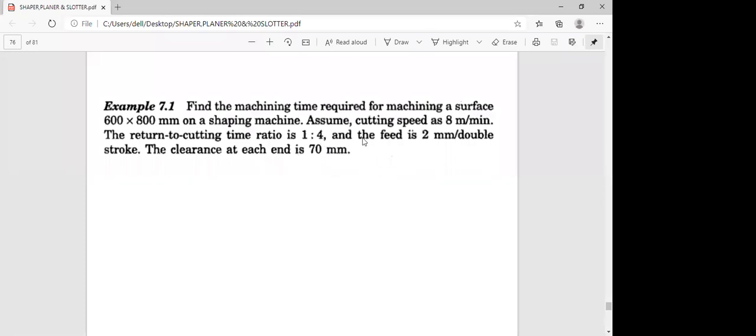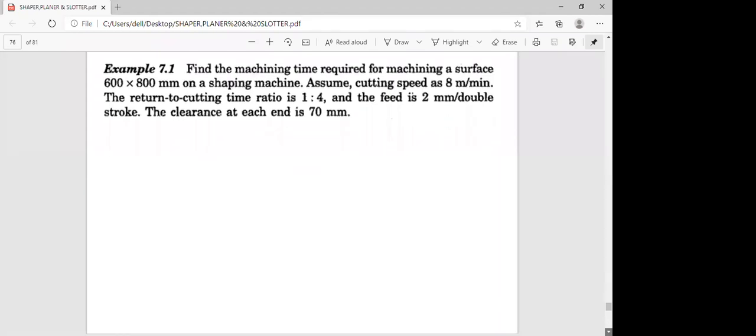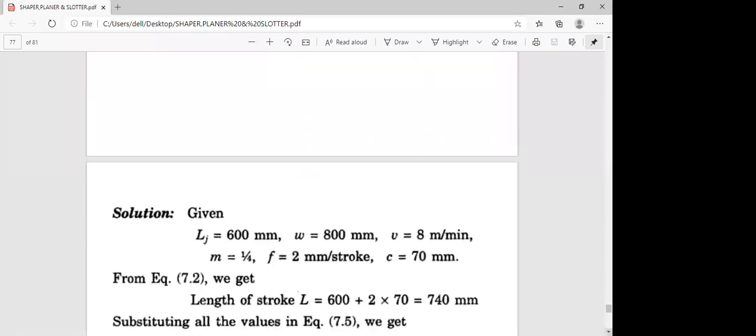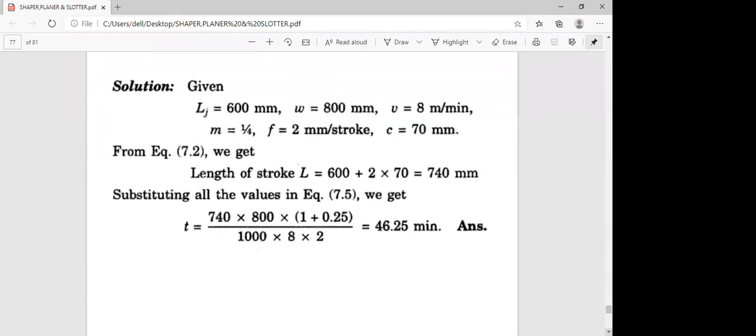So the ratio. The feed is 2 mm per double stroke. Here the clearance is given. The clearance at each end you have to take into consideration and calculate that value. So what is LJ? I have taken this from one of the sets and solved it there.